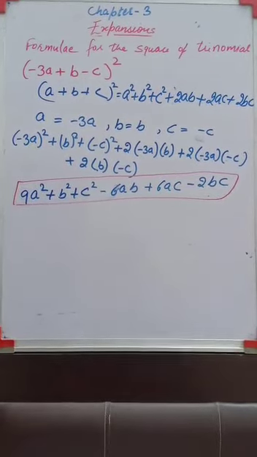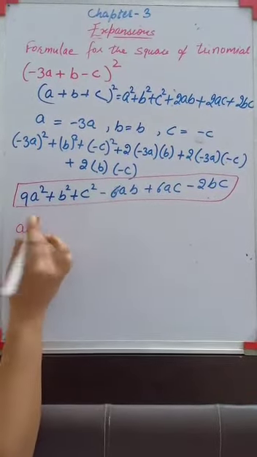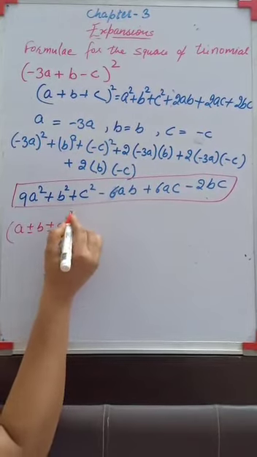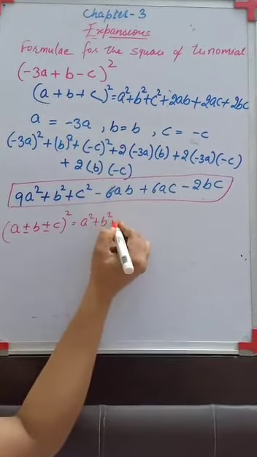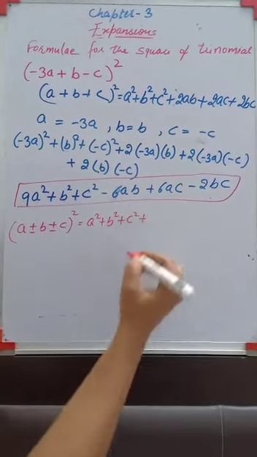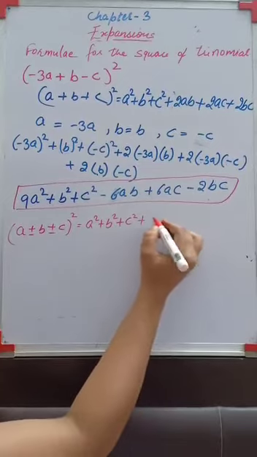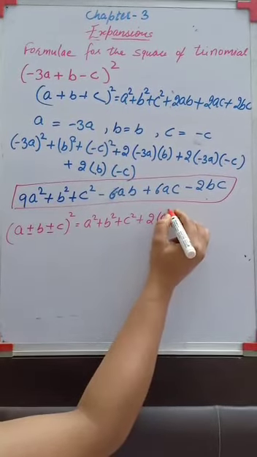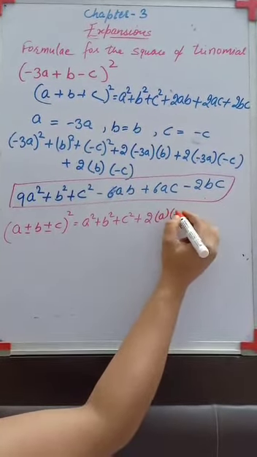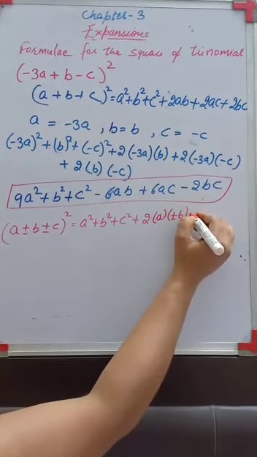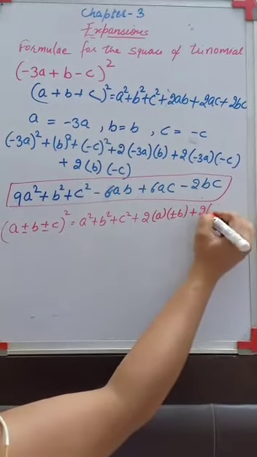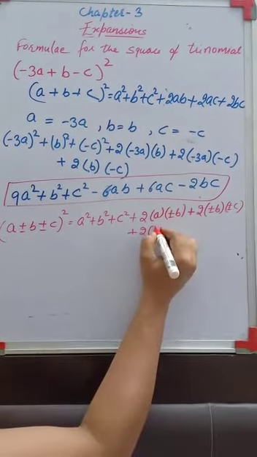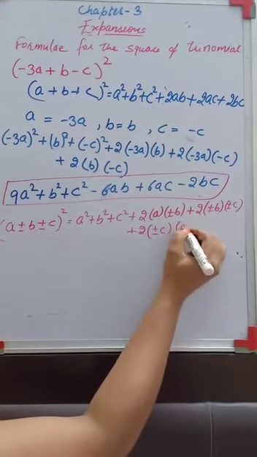You can write the formula in the form of signs as (a plus-minus b plus-minus c) square is equal to a square plus b square plus c square plus 2 into a into plus-minus of b, plus 2 into plus-minus of b into plus-minus of c, plus 2 into plus-minus of c into a, right?